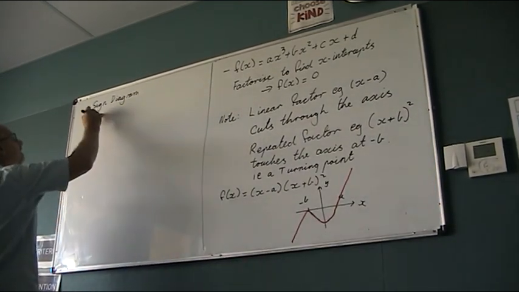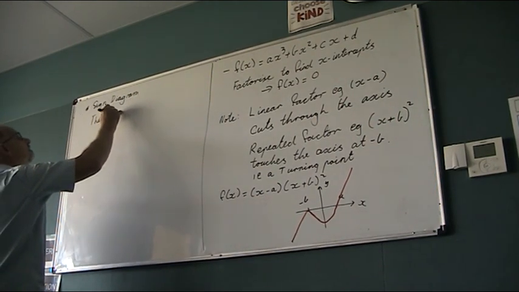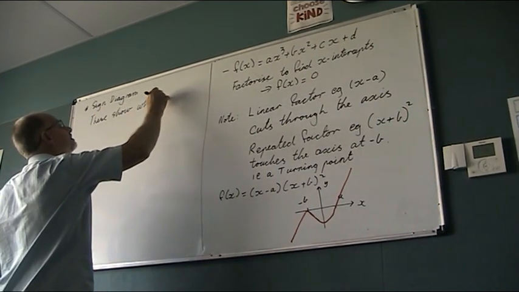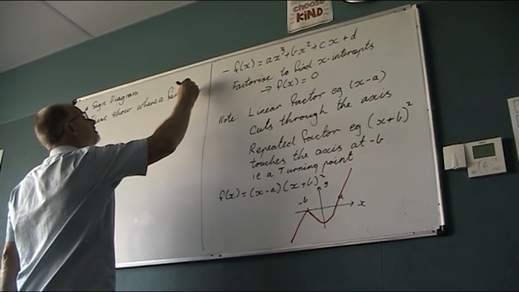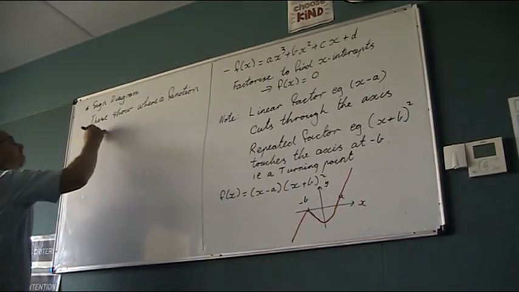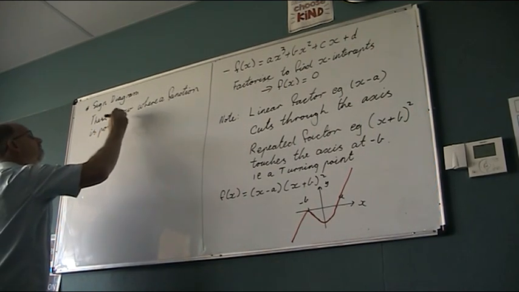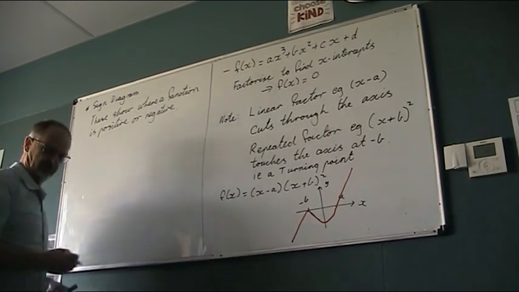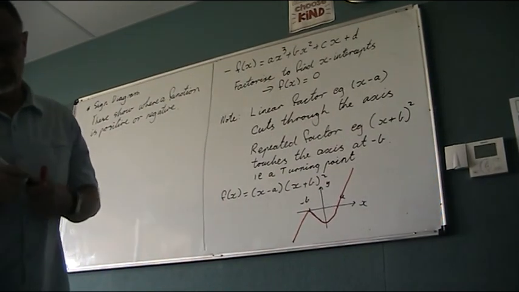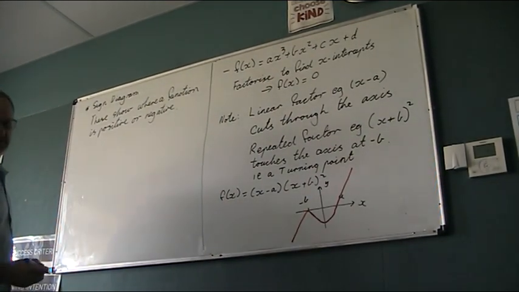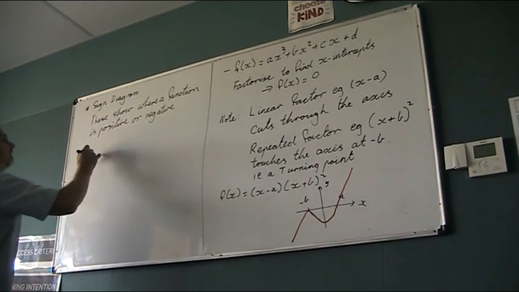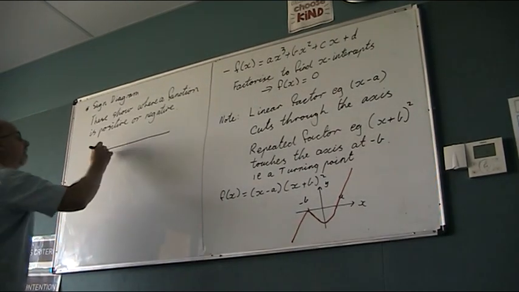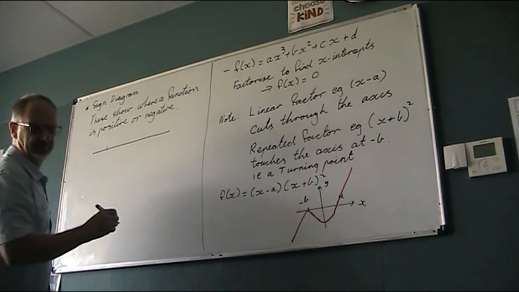So here's an example of a sign diagram. So a sign diagram would have a line, then it will have some sort of scale on that line.